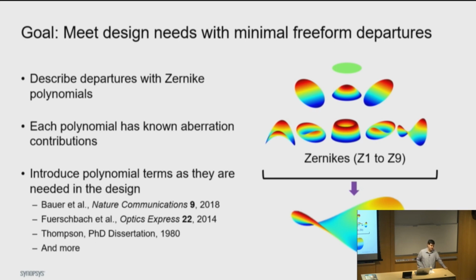It is instead something that I've learned from people like Dr. Bauer and Dr. Fischbach at U of R, and that tradition goes back and has its own history as well. But the point is that by being careful about how we introduce our freeform degrees of freedom to match them with the aberration needs of our system, we can minimize the freeform contributions that we add and not have unnecessarily large departures. So that's our overall goal.